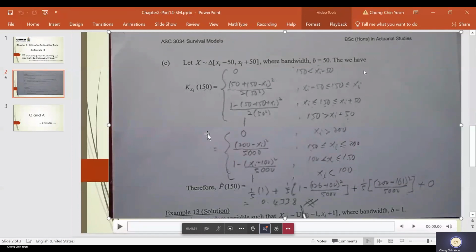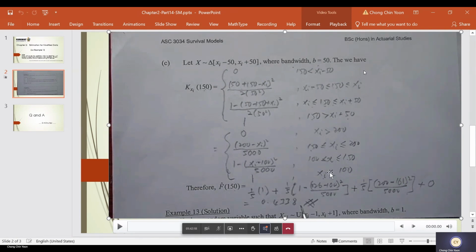So we use a similar method as just now in part B. We simplify this piecewise function in terms of xi. When you substitute your x as 150 into the formula, you will have this. Then you refer to the data to see which interval each data point falls on, and you just use the result and multiply by the probability.